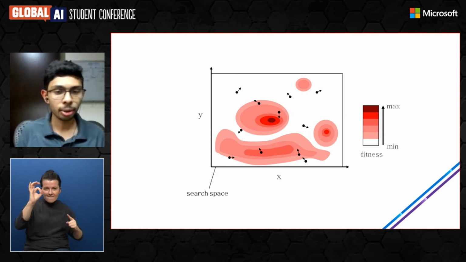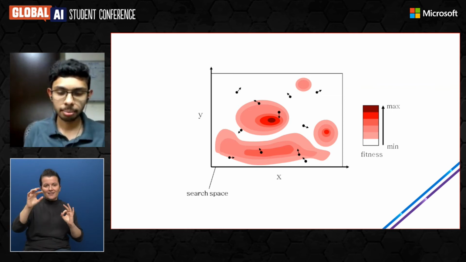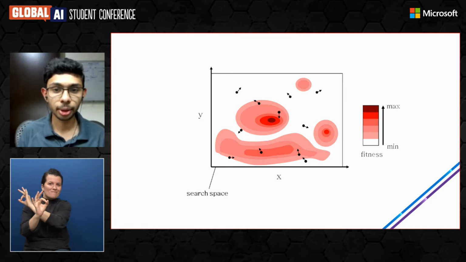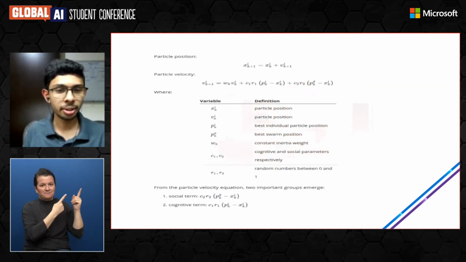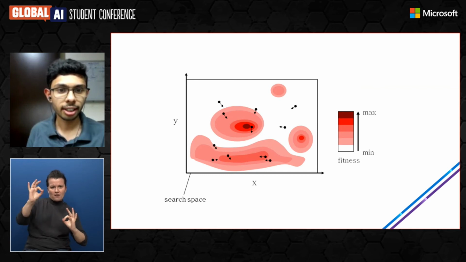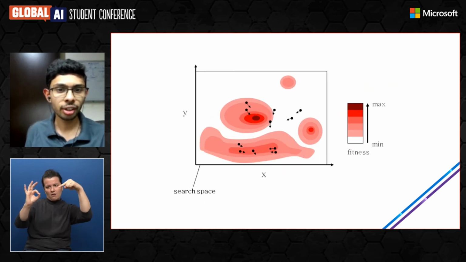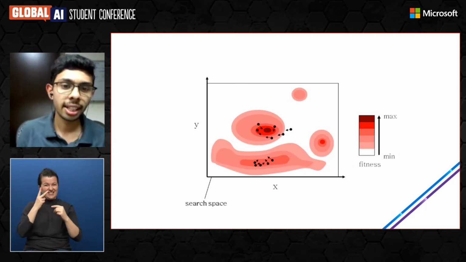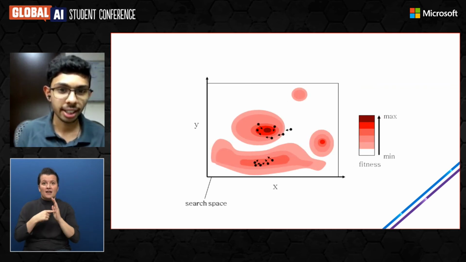So I'll go through a single iteration of how PSO governs the motion of these particles. It just uses these two equations, and I'll run through these slides. As you can see, the position of the particles is changing. And at one point, you can see that a group of particles has assembled near the dark red dot.